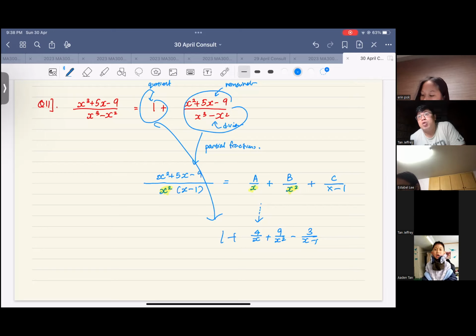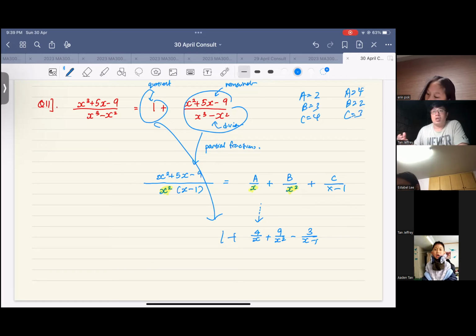Your A could be my C. If I get A equals 2, B equals 3, C equals 4, and you get A equals 4, B equals 2, C equals 3, we could be getting the same answers, because it depends on what we choose as our denominators.